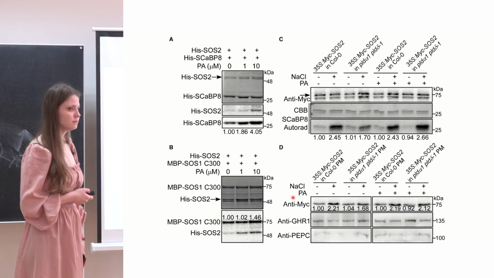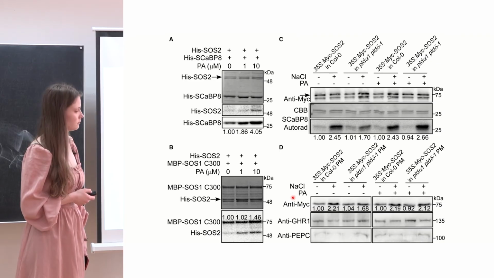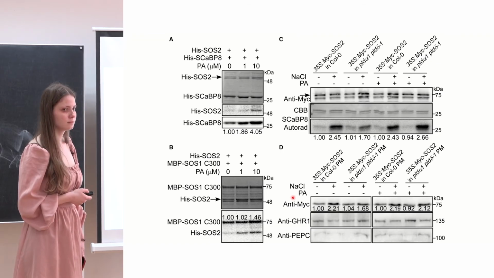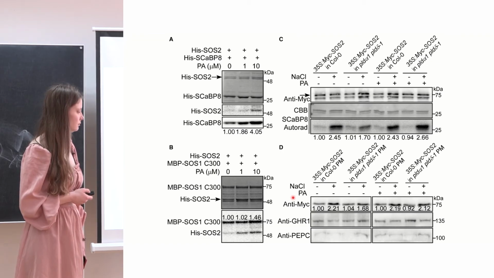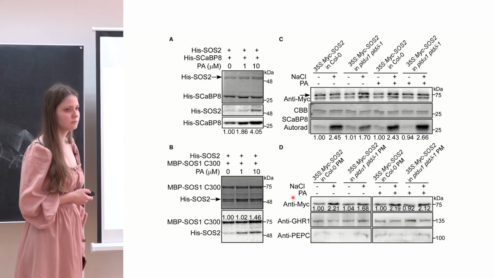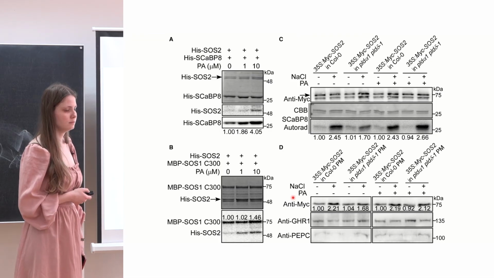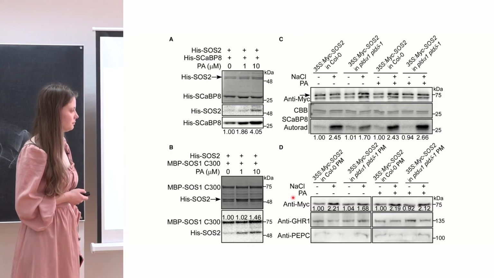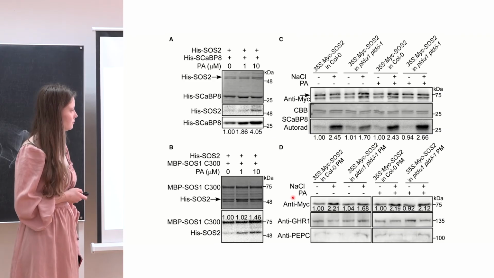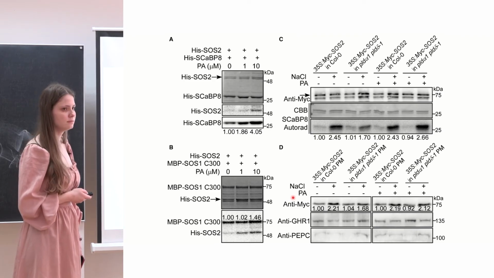Так, ну, значит, GHR и фосфоенолпируваткарбоксилаза здесь для того, чтобы показать, что СОС2 находится в мембранной фракции. То есть, чтобы показать, что мембранная фракция, из которой мы ищем СОС2, действительно является мембранной фракцией.